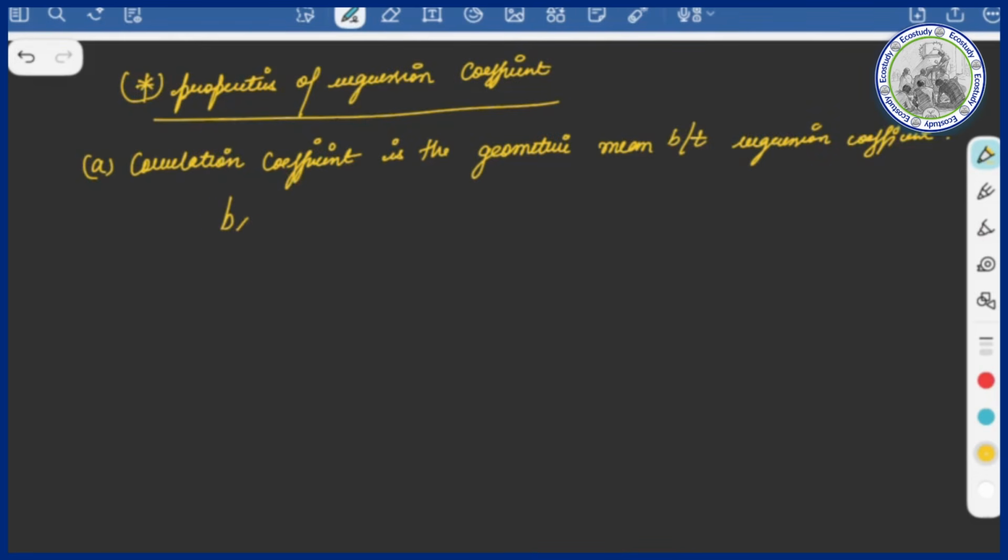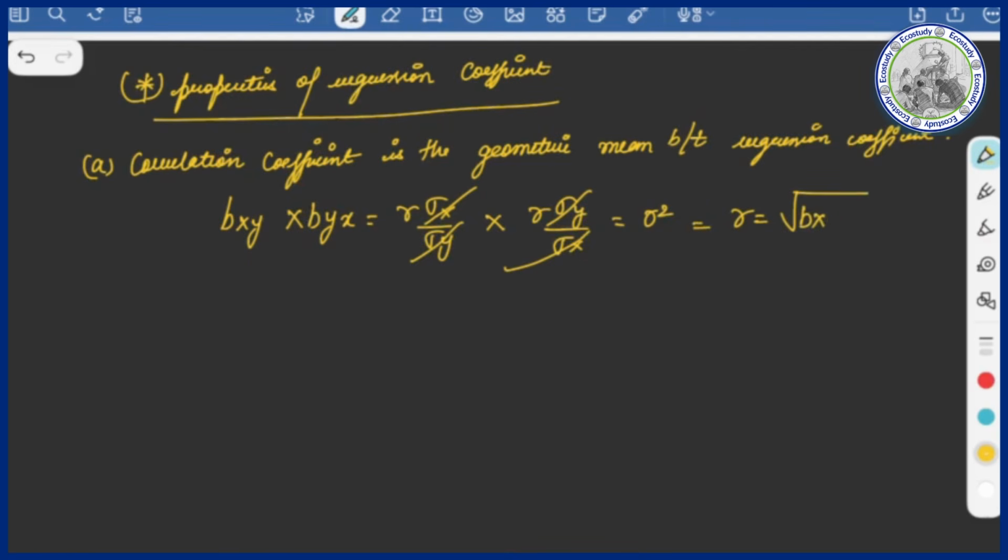What will bxy into byx be? That is r sigma x by sigma y into r sigma y by sigma x. This will be cut out, this will be cut out. That is r square, that is r is equal to under root of bxy into byx. Here bxy is the regression coefficient of x on y, and byx is the regression coefficient of y on x.